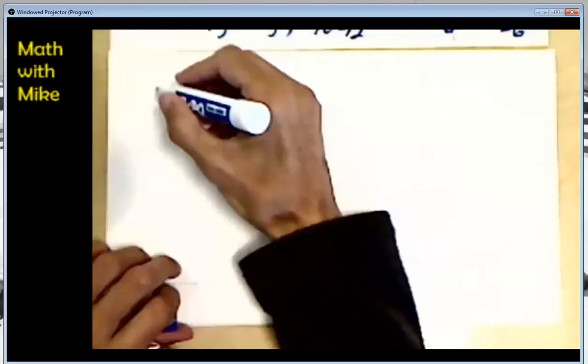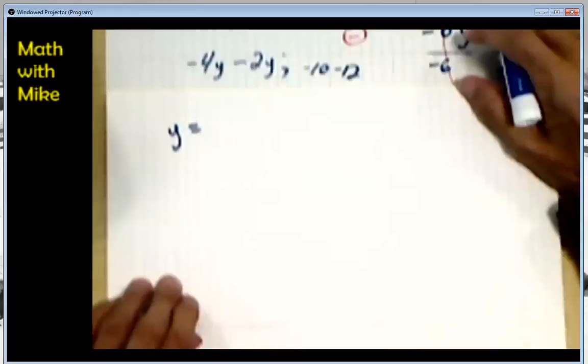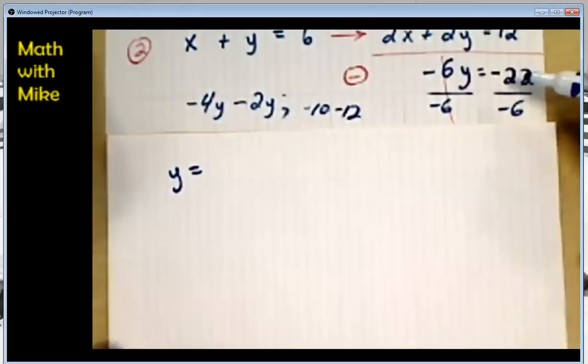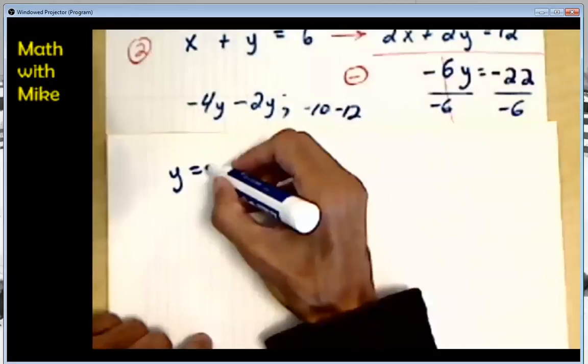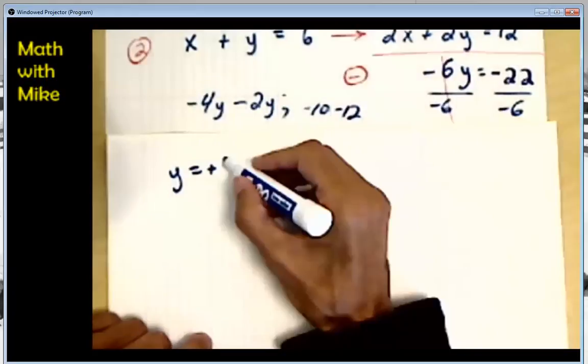What do we got here? Yeah, I get 3.6. Right, okay. I get y is equal to minus 22 divided by minus 6. Minus divided by a minus creates a positive. And then 22, so that gives 22 over 6 then.